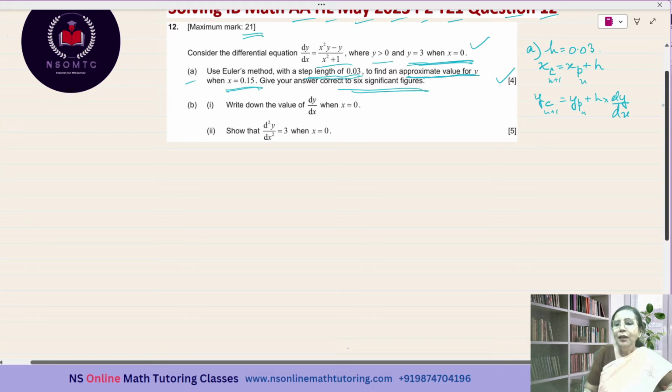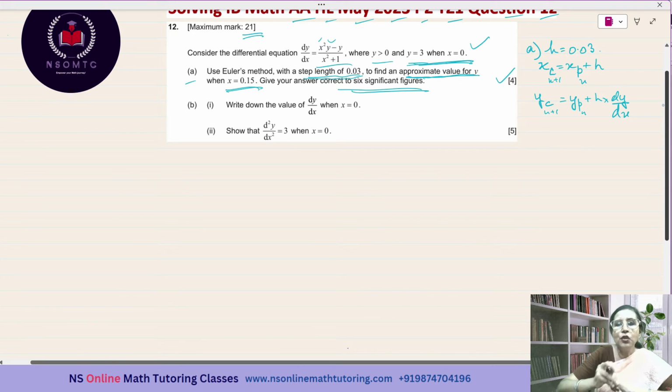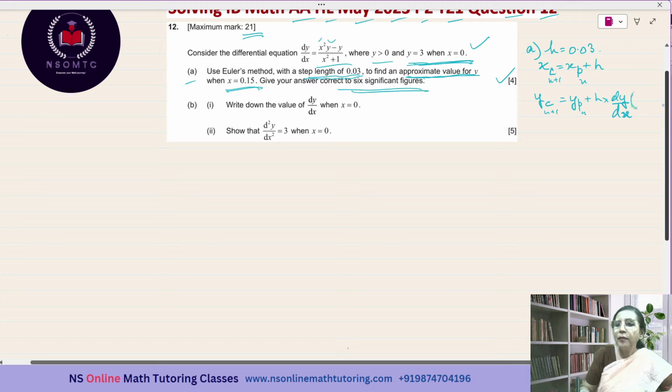Actually, we will be getting the numerical value of the dy by dx expression. For that, we should be knowing the x and y values. So which x and y values should we be taking? We will be taking the previous value of x and the previous value of y.